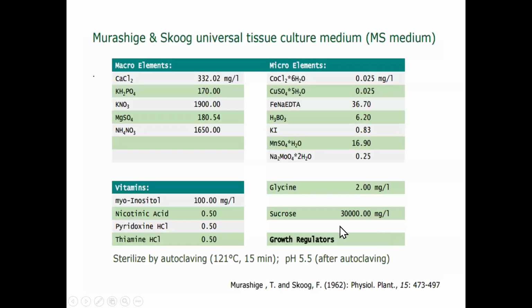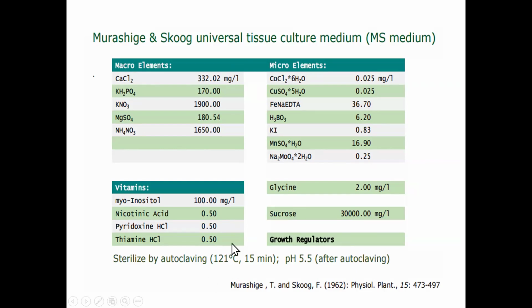Here you can see the Murashige and Skoog universal tissue culture medium. I told you this is the combination. Imagine how they made this combination. It was really very difficult, but it is still being used, the Murashige and Skoog medium. When you make the medium, you need to check the pH, the acidity and alkalinity of the medium. A pH of 5.5 after autoclaving is best.